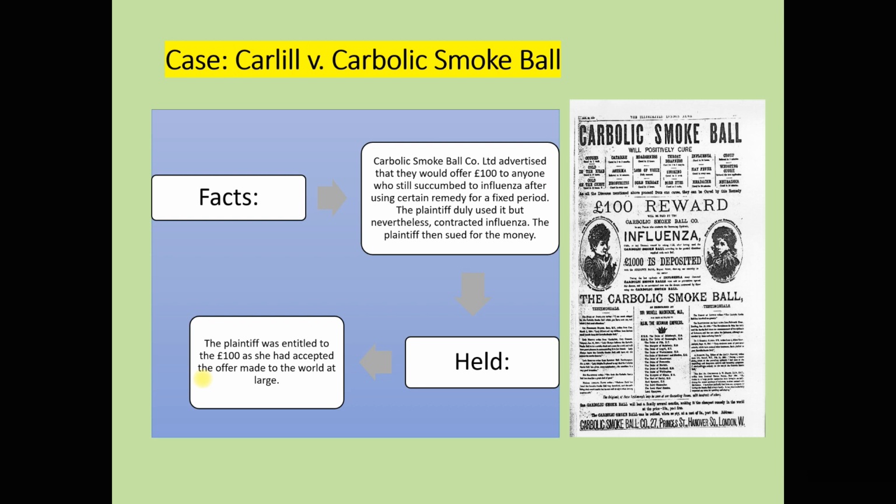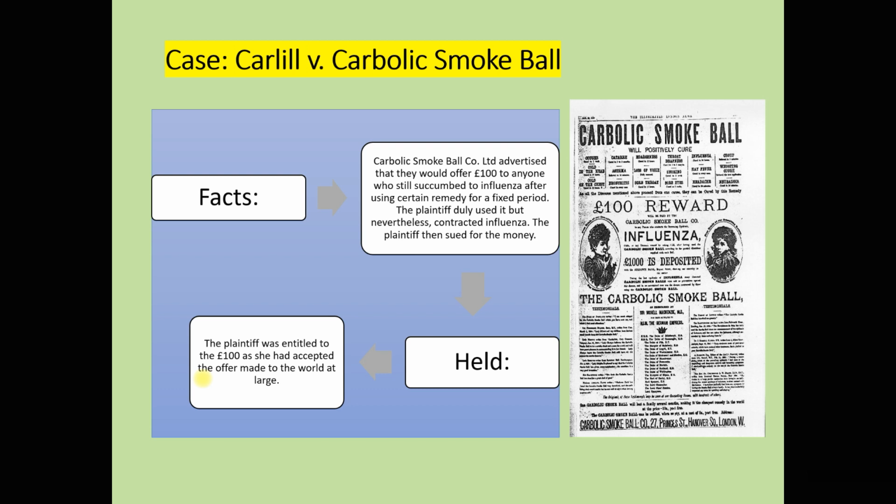The company was actually the manufacturer of a product. The company advertised and offered £100, pound sterling, to anybody who suffered or succumbed to influenza after using the remedy for a fixed period.